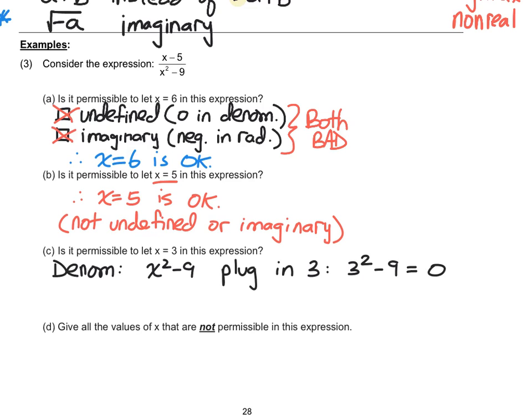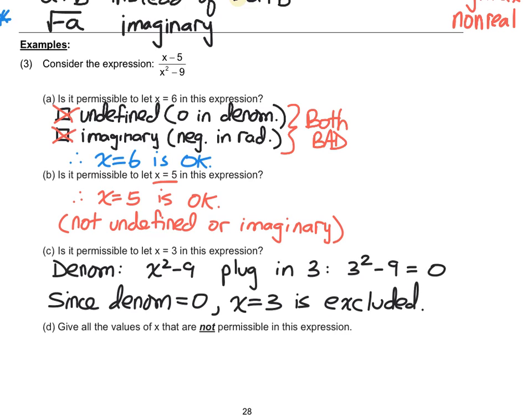All right. So since the denominator is equal to 0, x equals 3 is excluded. If you like that, go for it.